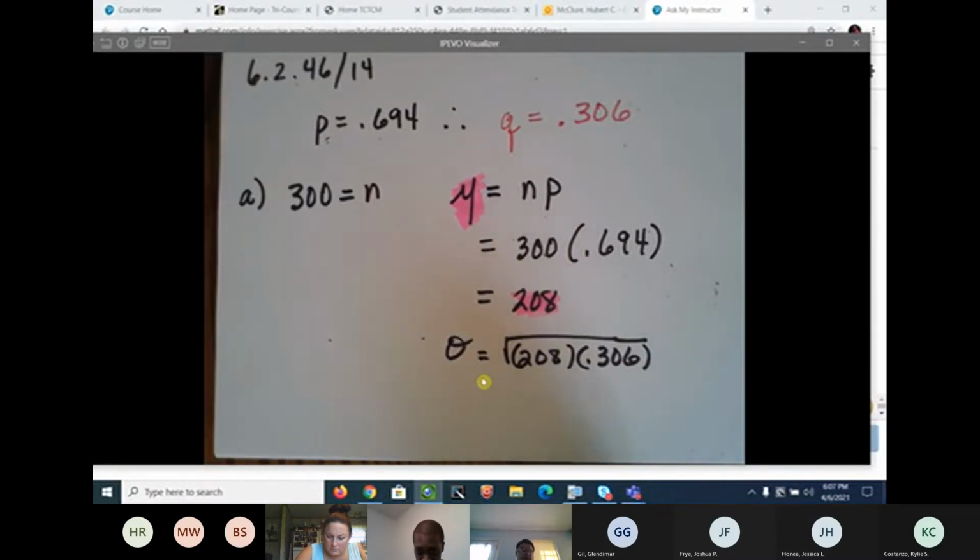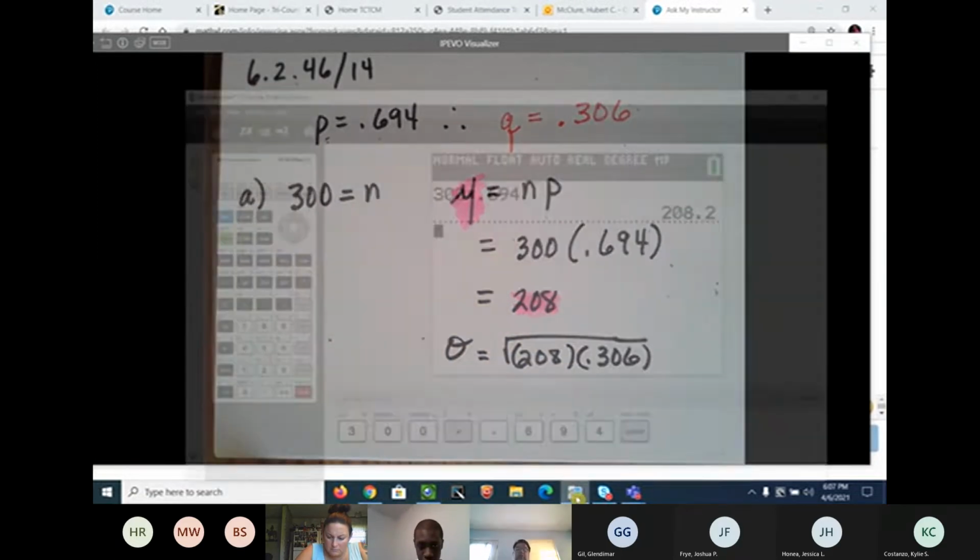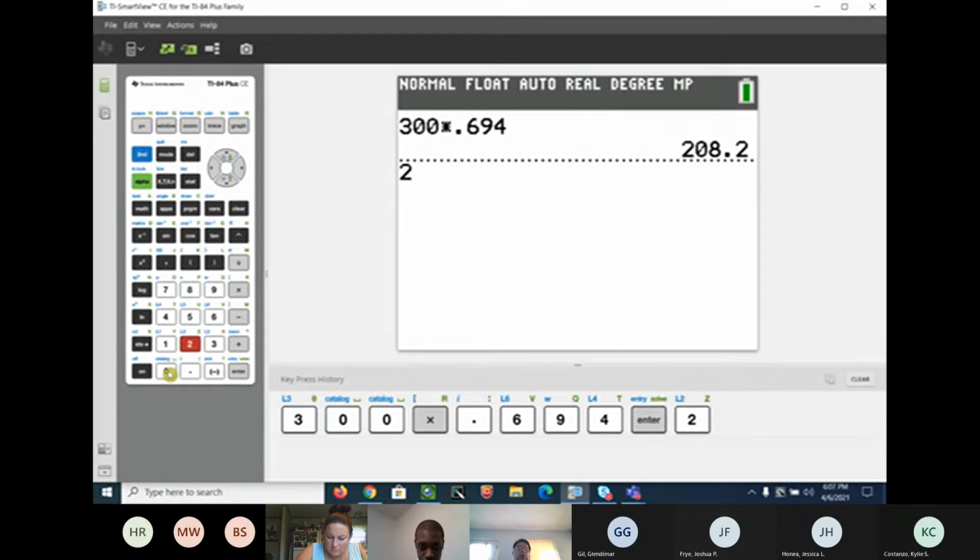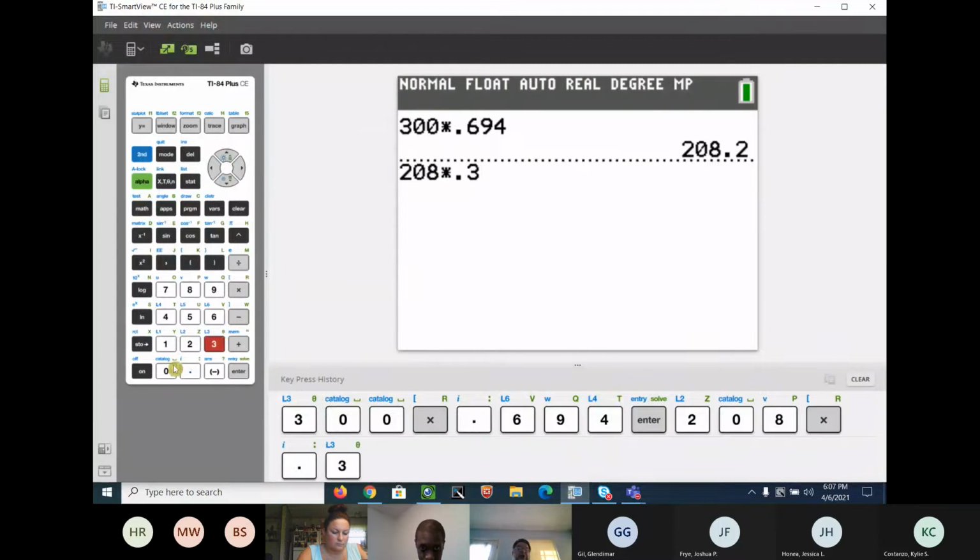Okay, so I'm going to take the calculator, and I'm going to say 208 times 0.306, and then I'm going to raise that to the what power? How do you take the square root with a power?